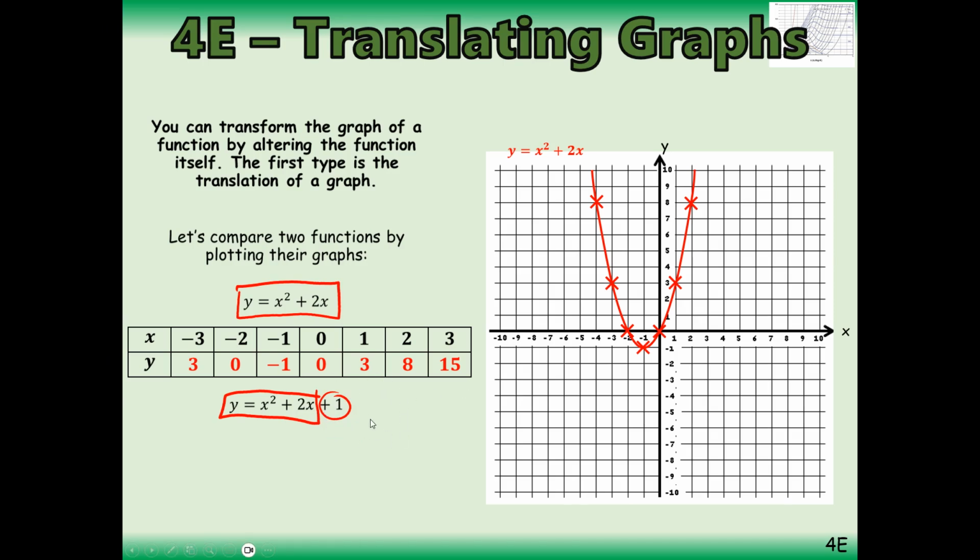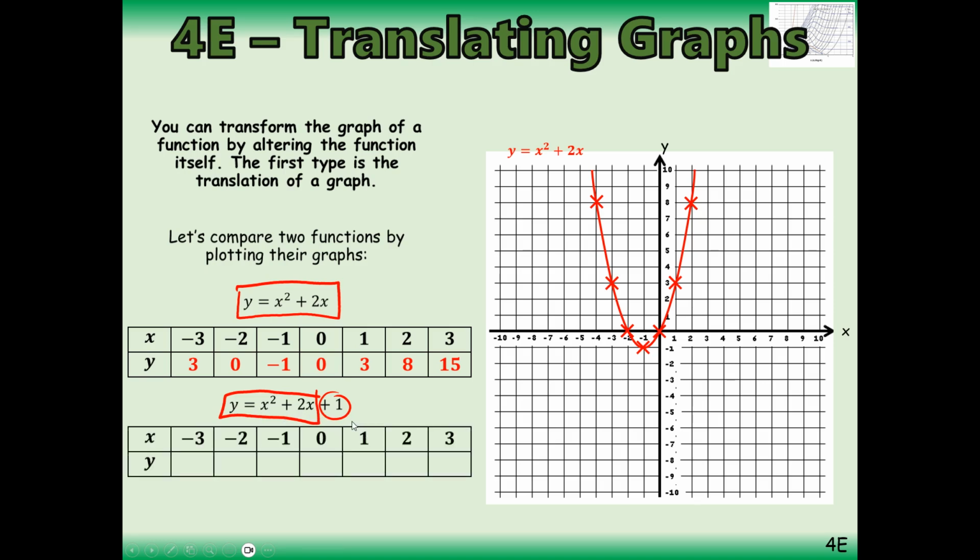What does this plus 1 do at the end? We're adding it after the function. We evaluated x squared plus 2x, and then we're adding on 1 afterwards. So what you notice is that the y values are basically the same y values, but they shift up by 1 unit. All right.